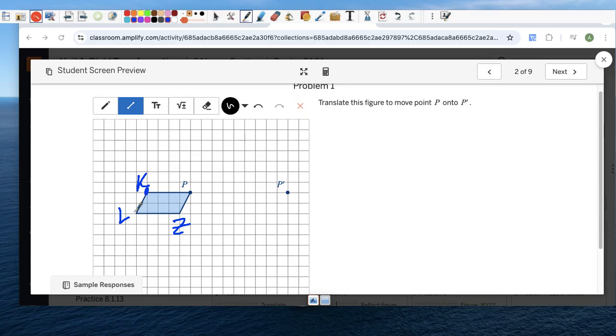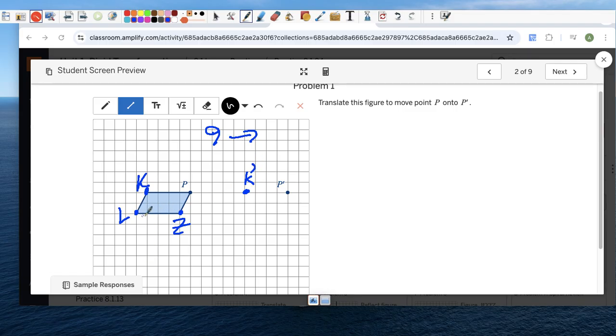So point P, just to help me out, moved 1, 2, 3, 4, 5, 6, 7, 8, 9. So this was a translation, 9 units to the right. So I'm going to take point K and do the same thing. Point K goes 1, 2, 3, 4, 5, 6, 7, 8, 9, and here's where point K goes, but we don't call it K, we call it K prime.